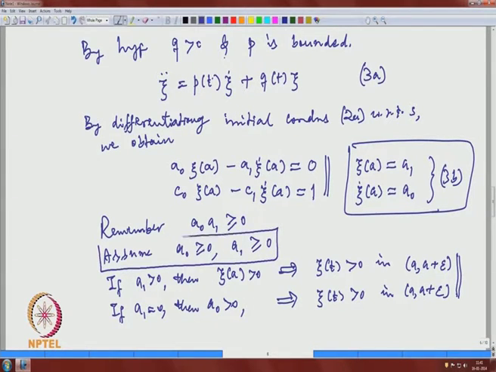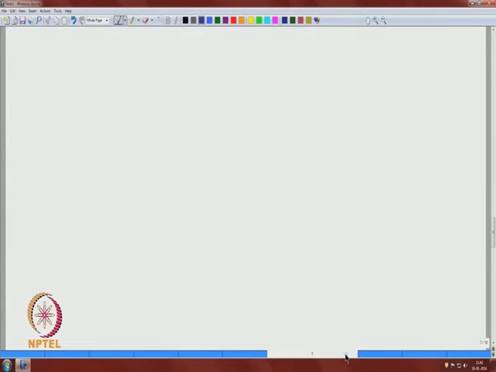If we assume both are negative, then we will have a negative thing here, but just for definiteness let us fix the signs of a0 and a1. So that is what we get. Therefore J t is positive for t in a to a plus epsilon for some epsilon positive.